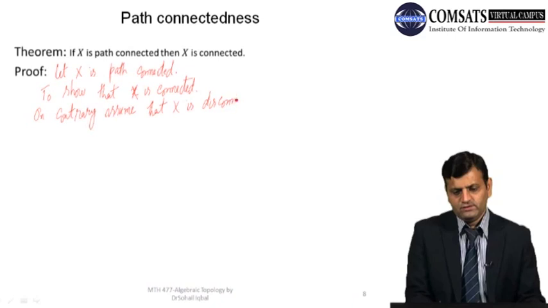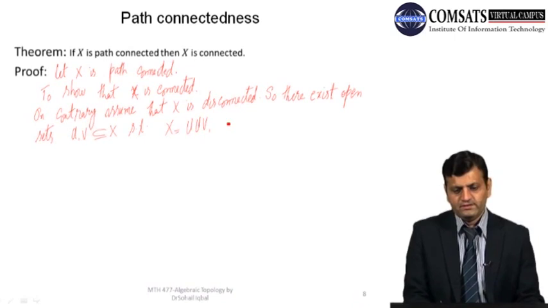Then there exist open sets U and V contained in X such that X is equal to U union V, and U intersection V is empty.